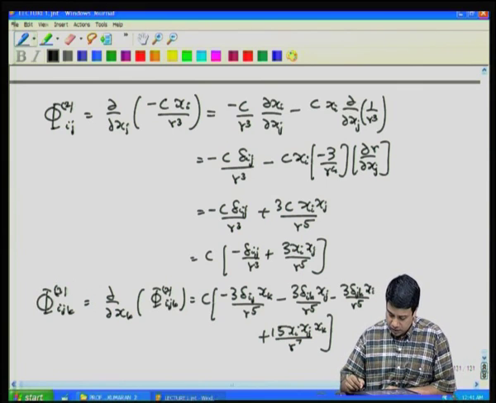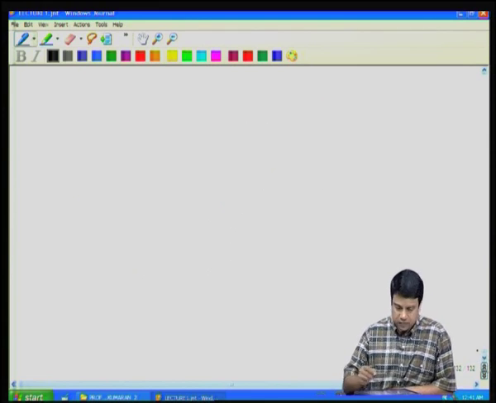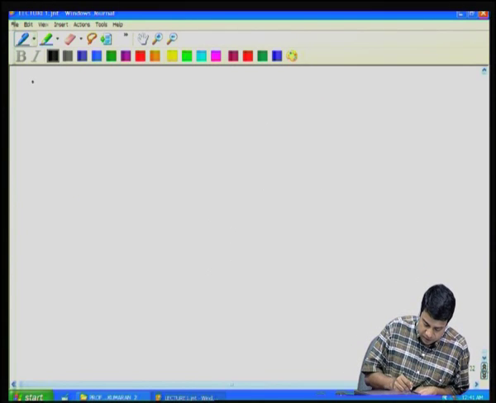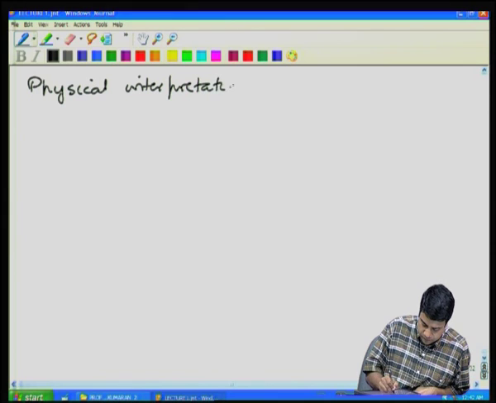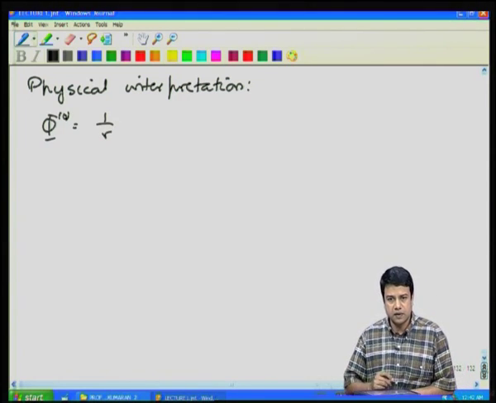Okay. What do these physically mean? So, let us go to the physical interpretation of the spherical harmonic. Phi naught. I will not put in the constant for now, because these can be multiplied by any constant and they will still satisfy the Laplace equation.